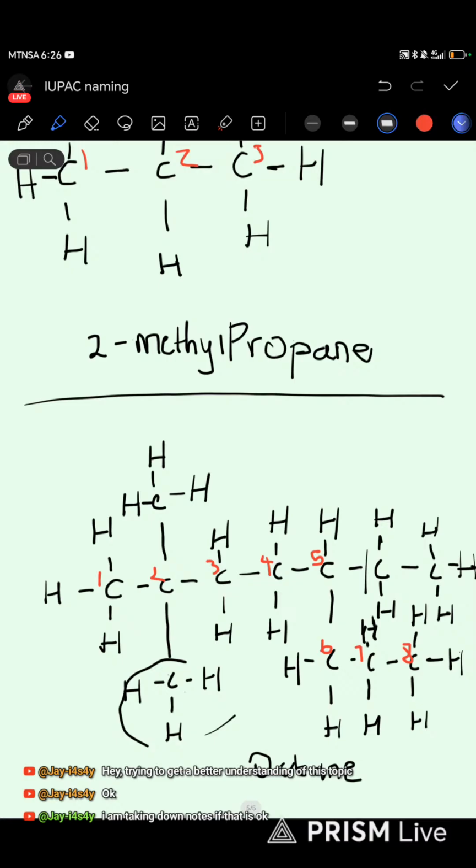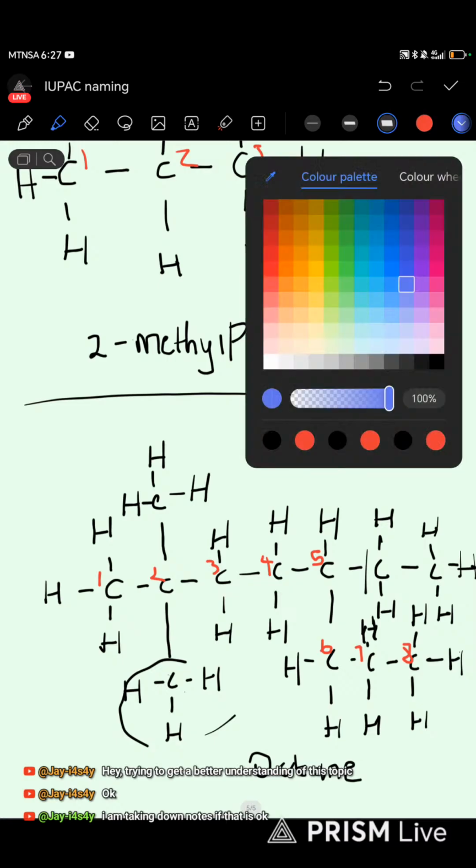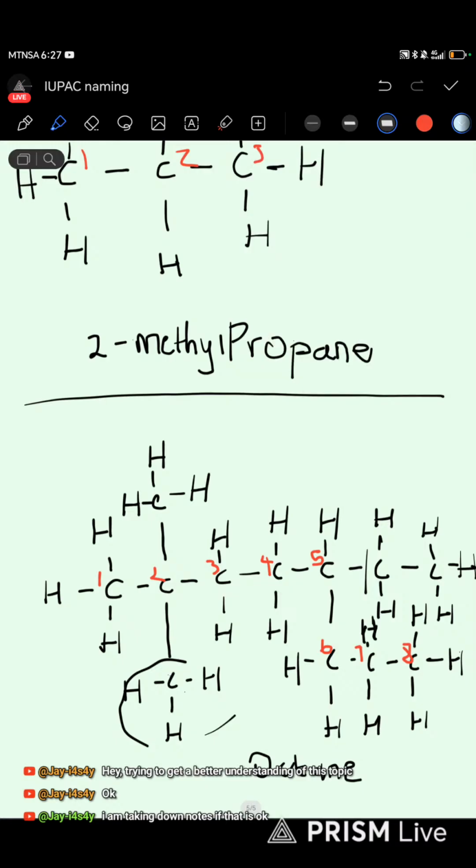Let me use a highlighter. Something light. This one over here. This is an ethyl group because it's 2 carbons. So now let me put that in the name. So on carbon number 5, I have ethyl.